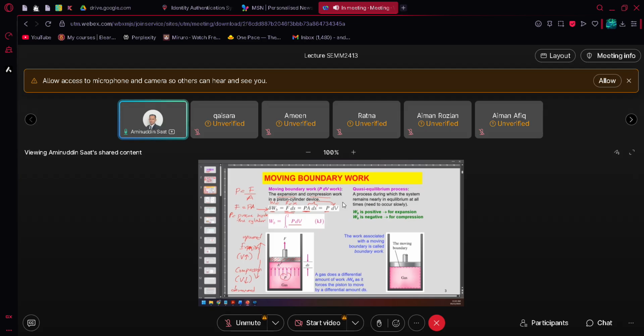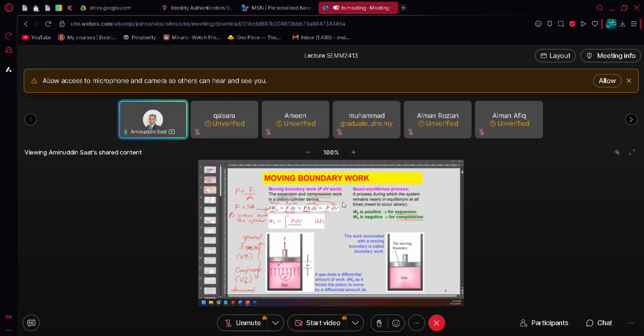Before we go to the types of process, we need to understand that we have expansion and compression conditions. We need to take into account that for expansion, the boundary work will always be positive, while compression is related to boundary work in negative value.